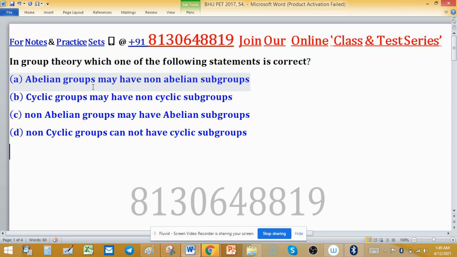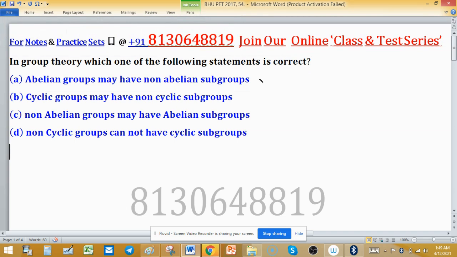That's why a non-abelian subgroup doesn't exist. So a subgroup of an abelian group must be abelian. So the first statement would be correct, but because of the word non-abelian, this statement becomes wrong. So the first statement is wrong here.